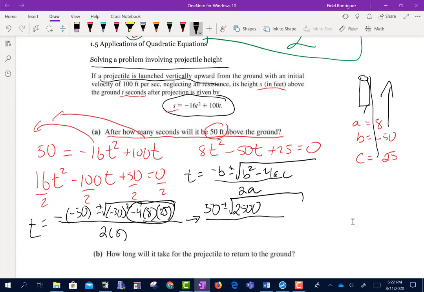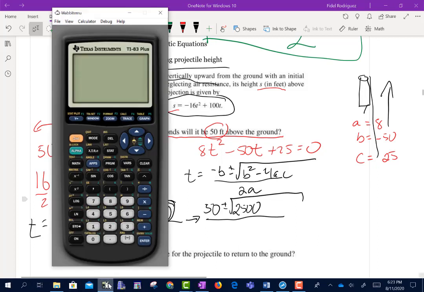Let's see. Make sure I'm doing this right. Yes. Okay. So let me see. Now I'm multiplying 4 times 8 times 25. So let me take my calculator real quick. Let me grab it.